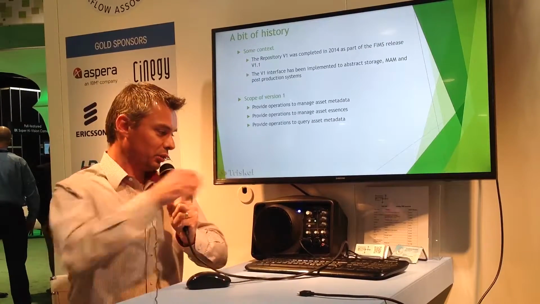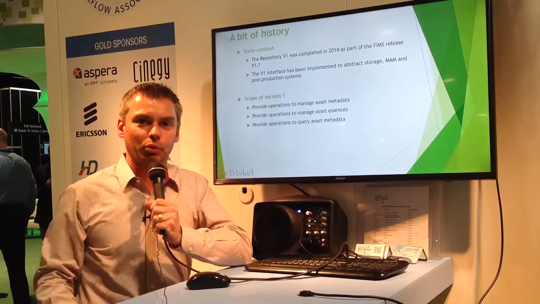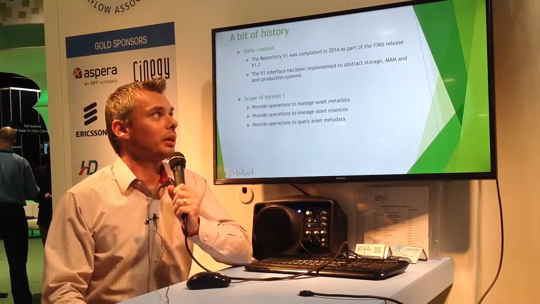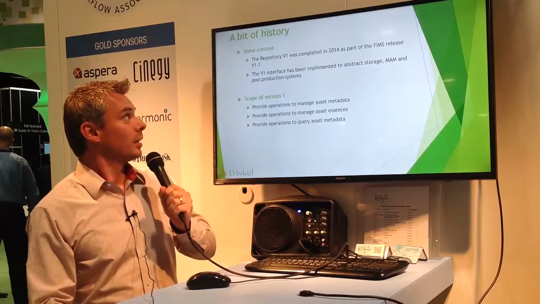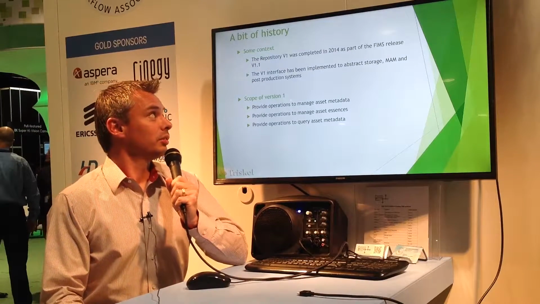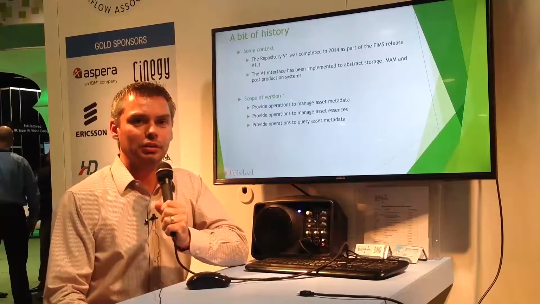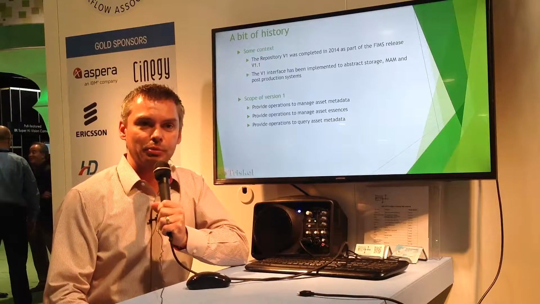So before we start with the 2.0 versions, let's go back to what exists today as part of version 1.0. The repository version 1 was completed in 2004 as part of the release FIMS 1.1.